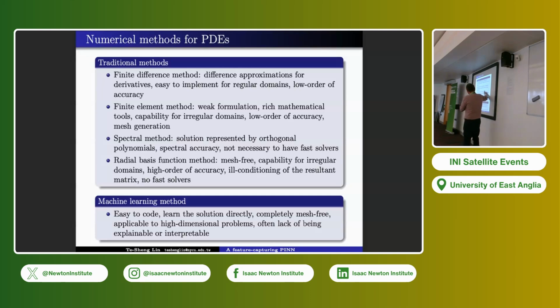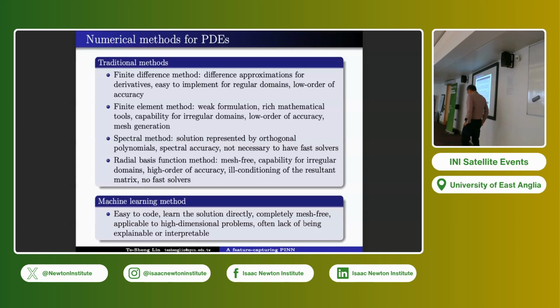The spectral method has spectral accuracy, but not necessarily fast solvers. For the finite element method, of course, it is capable of handling irregular domains, but again, you need to generate a mesh. It has a relatively low order of accuracy compared to the spectral method.